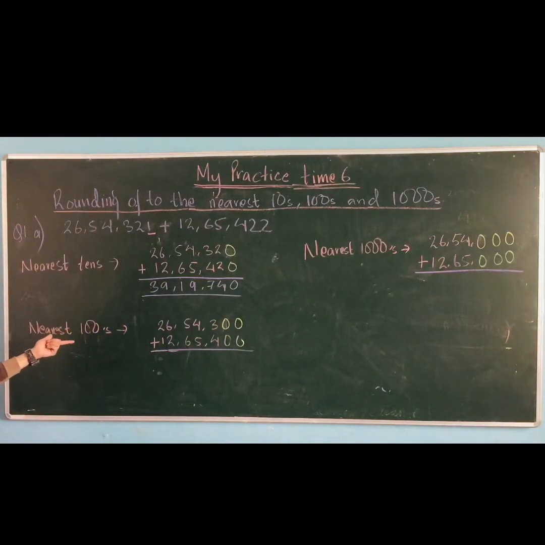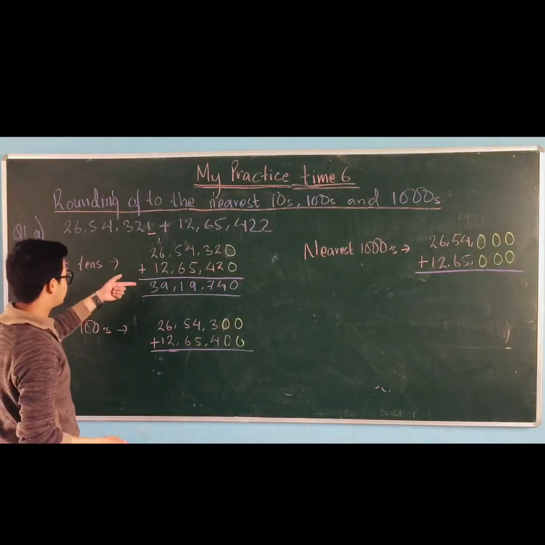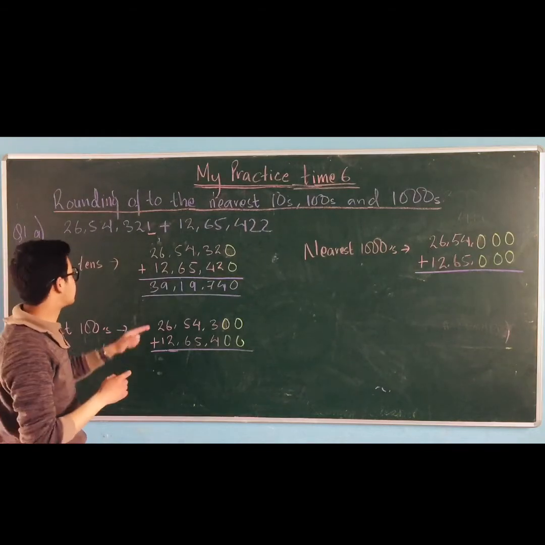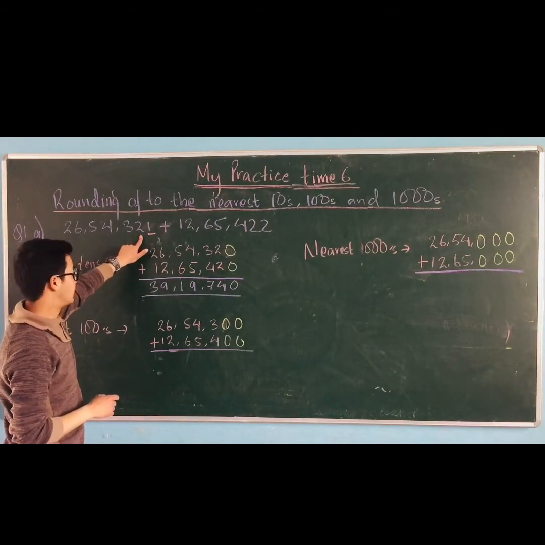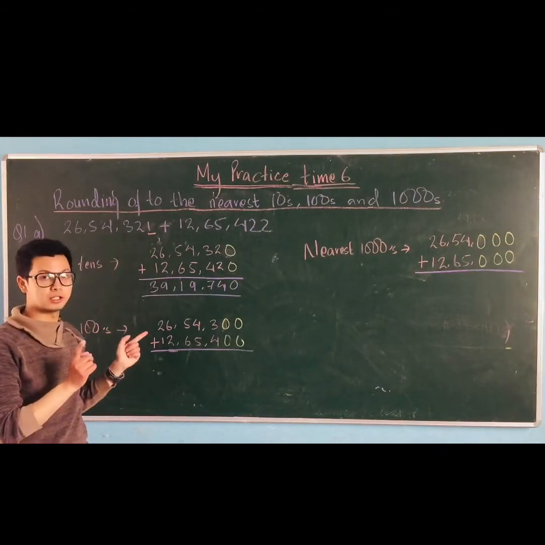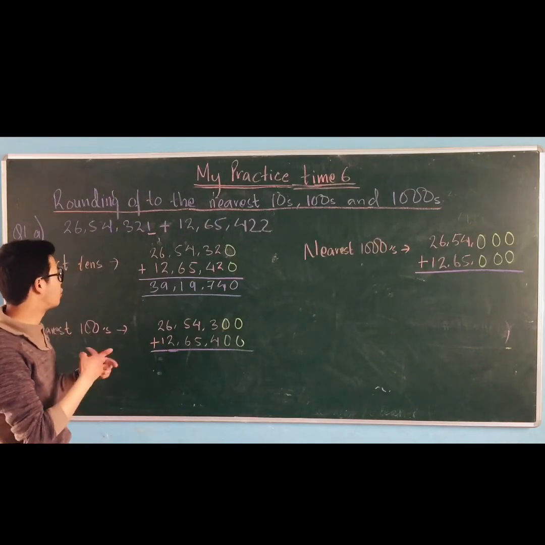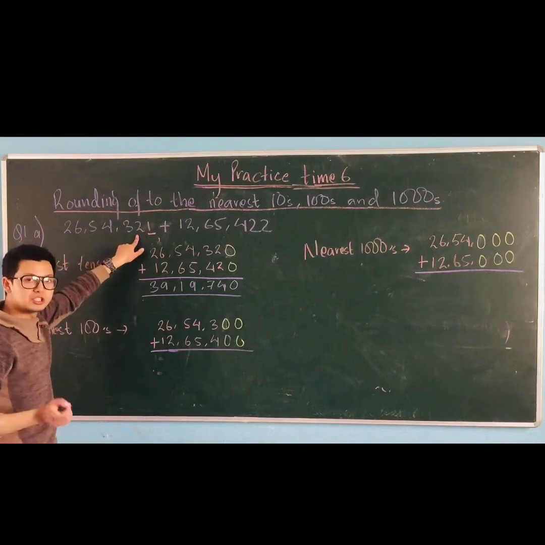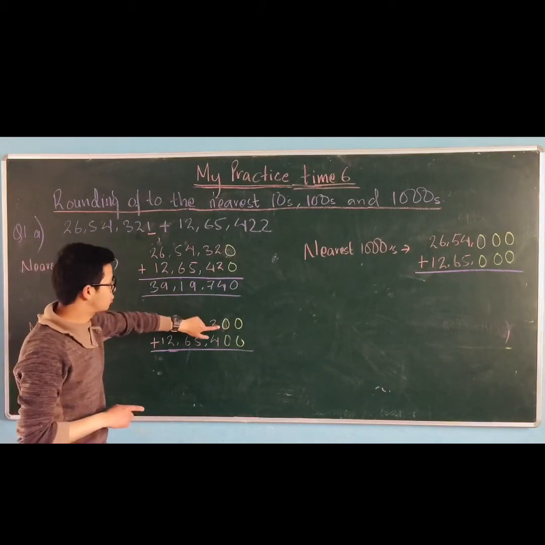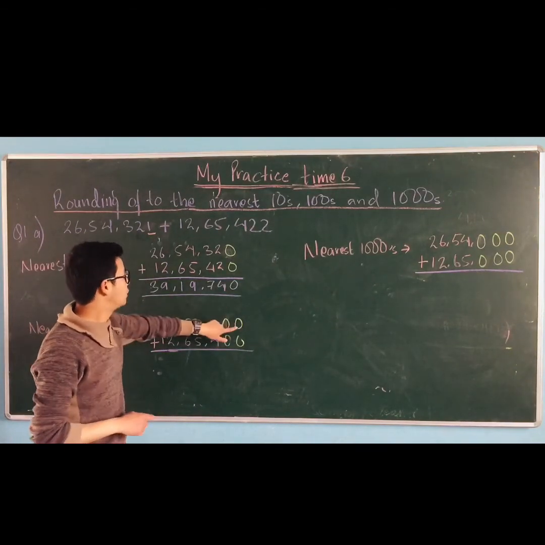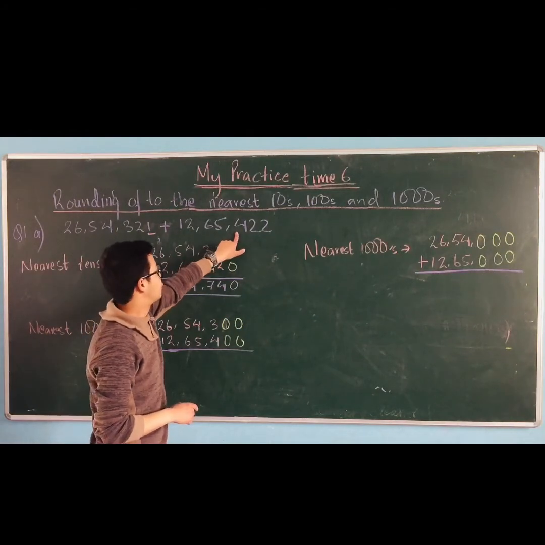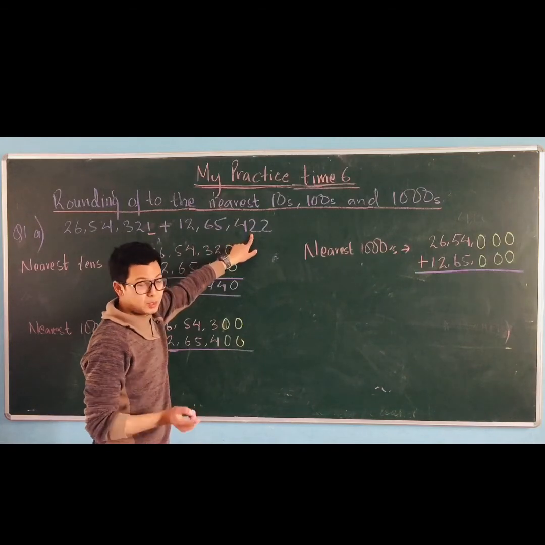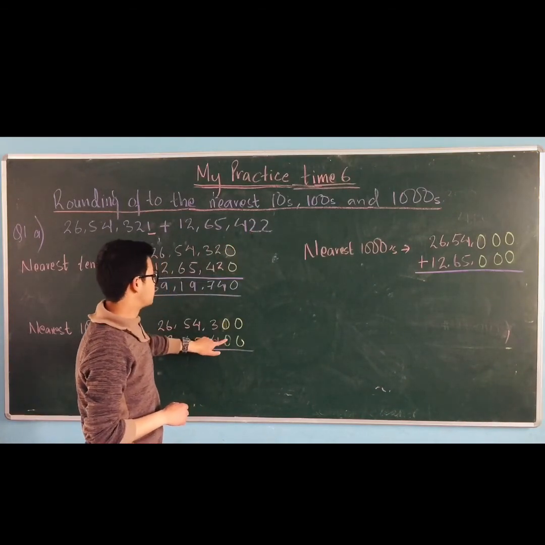Moving on to the next, that is nearest hundreds. For the nearest hundreds you have to look at the digit that is in tens place. For hundreds, if you want to change the hundreds digit, it depends on the number that is in tens place. So in this case also we have 2, which is less than 5, that means this 2 changes to 0 0, and in this there is 2, which means this number will change into 0 0 as well.